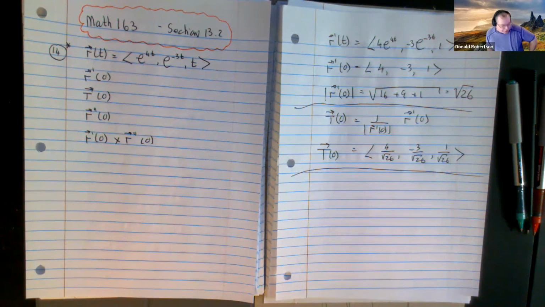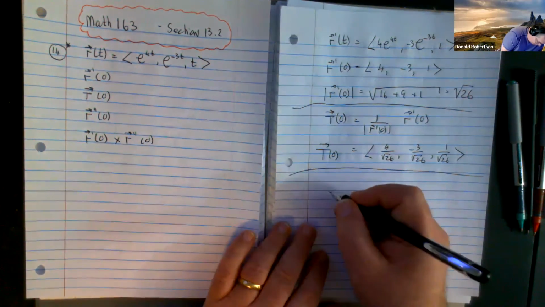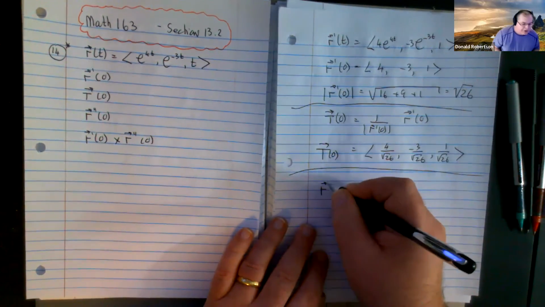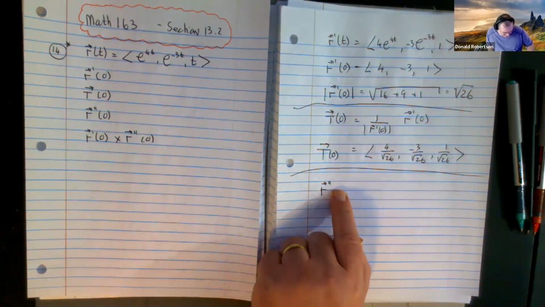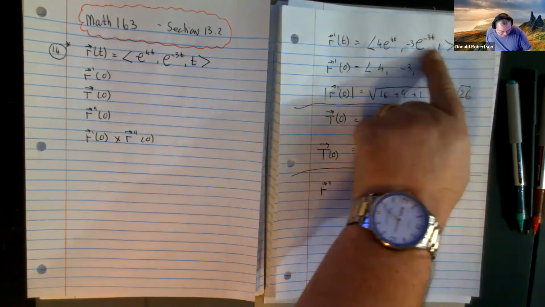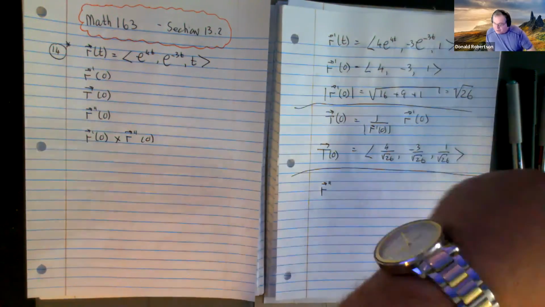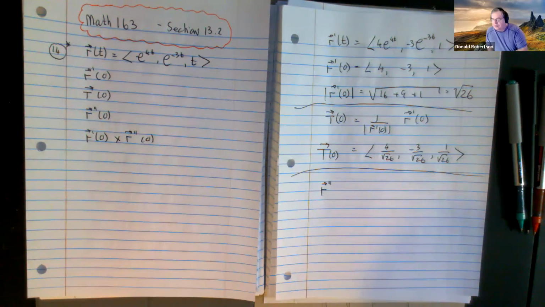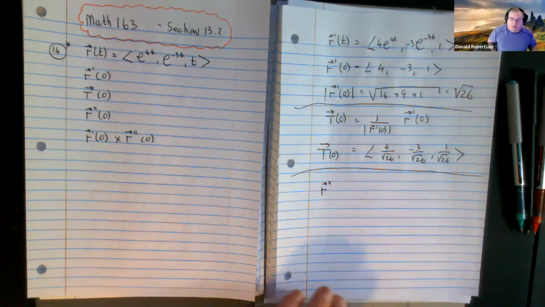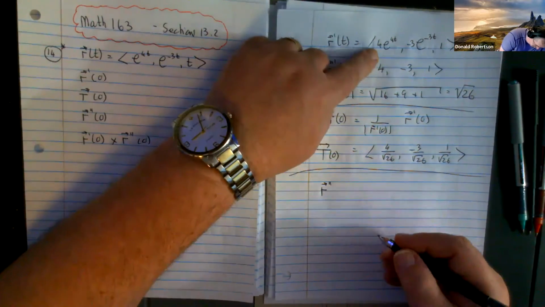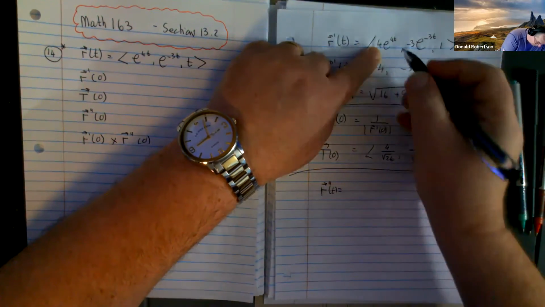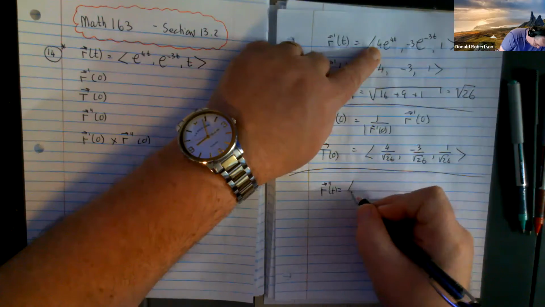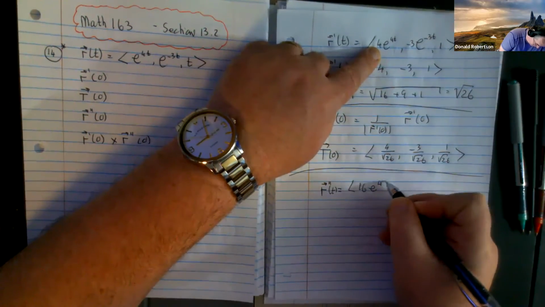And what else are we to do? Second derivative. Right, now I know they're asking for the second derivative at 0, but to get the second derivative, don't we have to take this derivative first and then put in the 0? So sometimes you have to do algebra before you can do number crunching. So if you differentiate this one with respect to t, you get 4e to the 4t times another 4, so you get 16.